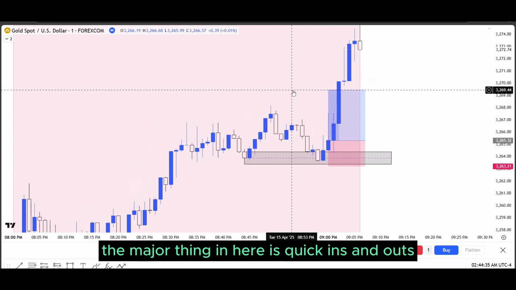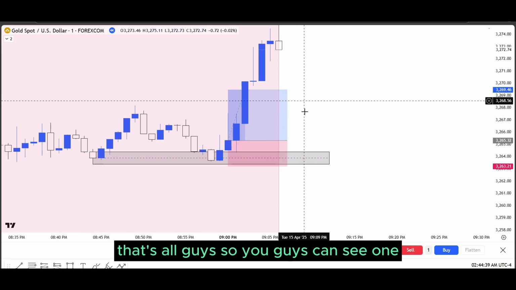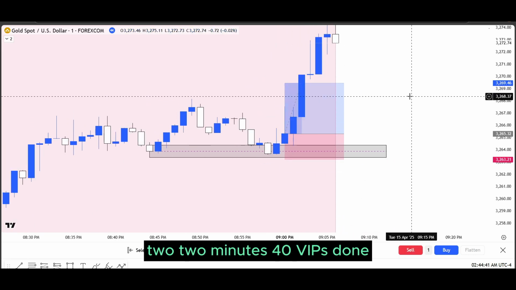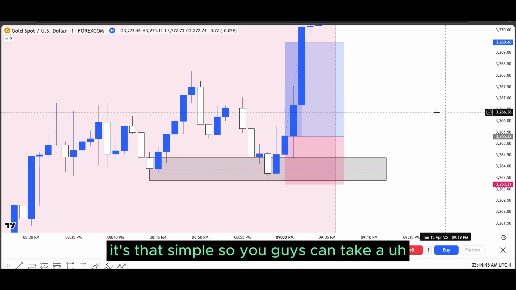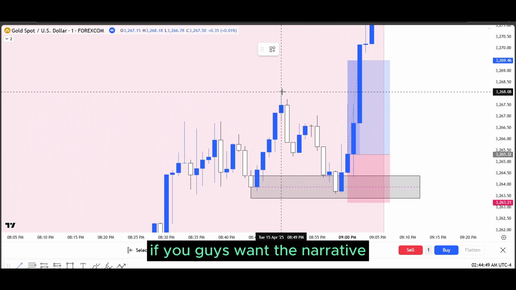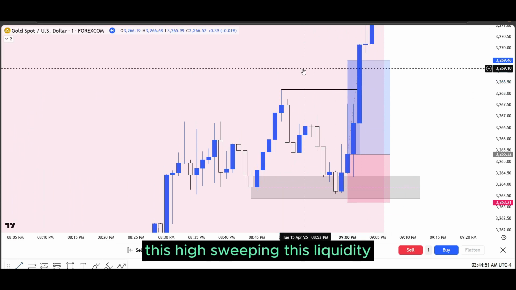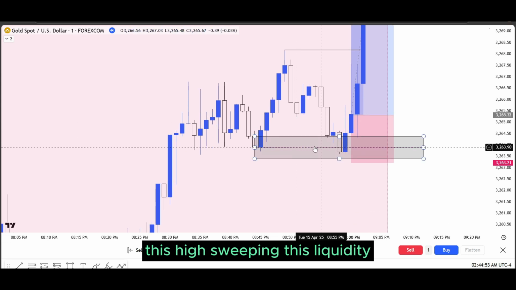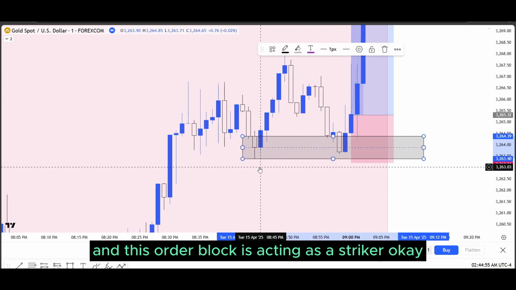So guys, the major thing in here is quick ins and outs. That's all guys. You can see 2 minutes, 40 pips done. It's that simple. If you want the narrative, price targeted this high, sweeping this liquidity, and this order block is acting as a striker.